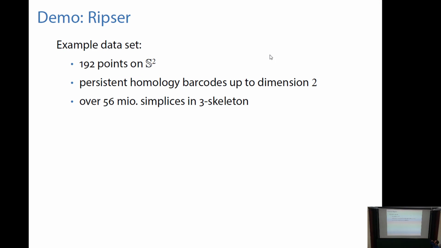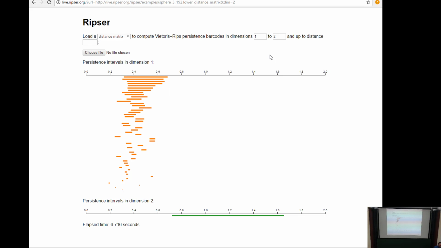So what the data set was is 192 points on the S2, and we wanted to compute the barcodes up to dimension 2, so we should somehow recover the two-dimensional fundamental class of the sphere. It's a uniform distribution, and IID sample points.